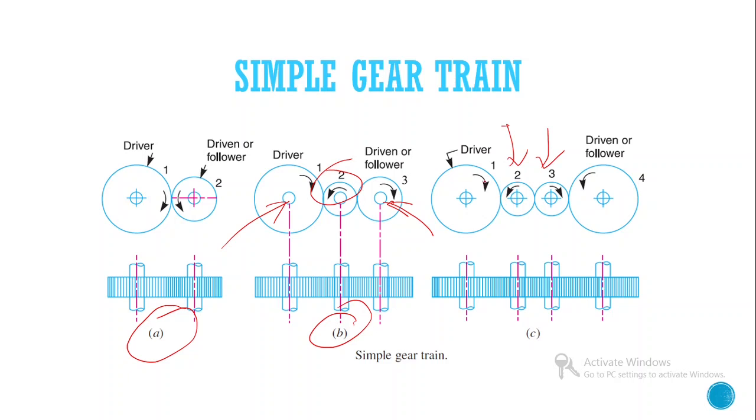If the driver gear is rotating clockwise, then the gear next to it must rotate anti-clockwise. These three figures, A, B and C, all represent simple gear trains.